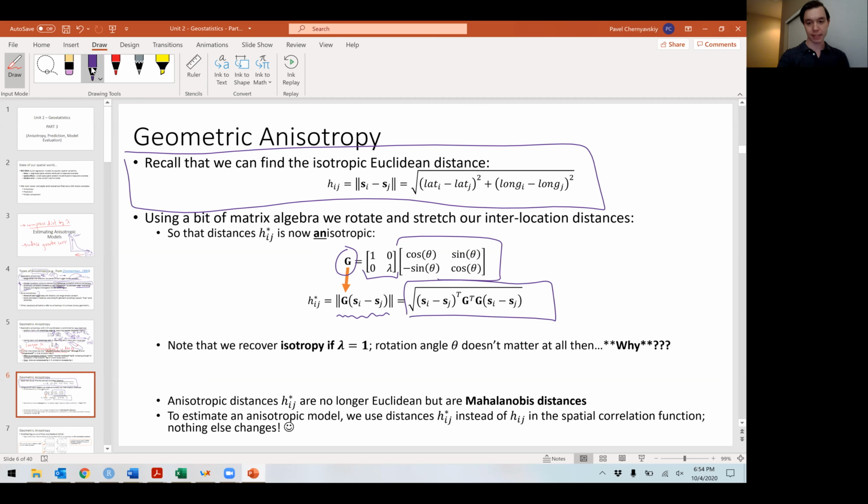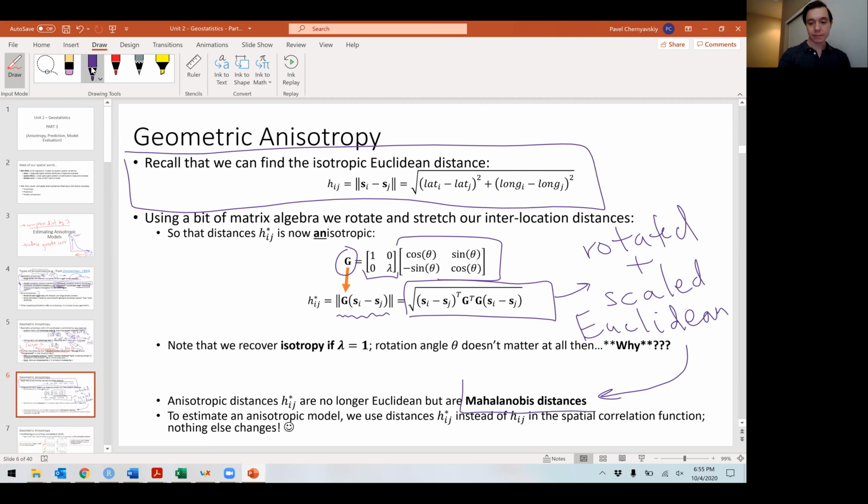These are now rotated and scaled, compressed Euclidean distances, which comprise what are called Mahalanobis distances.